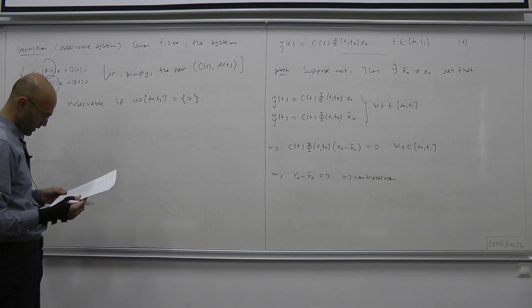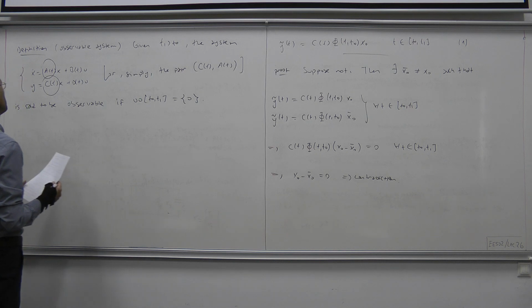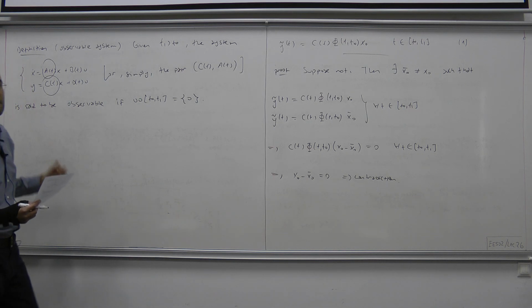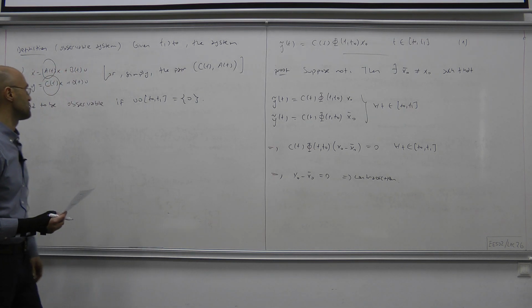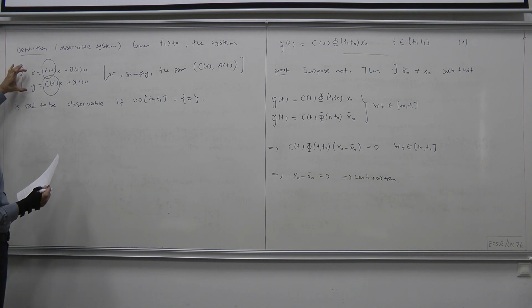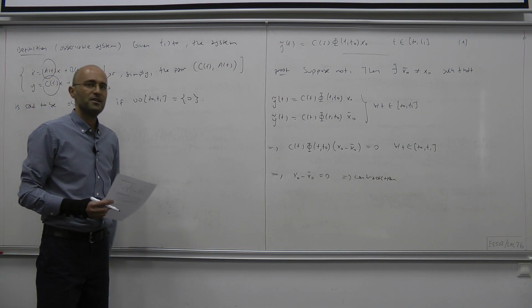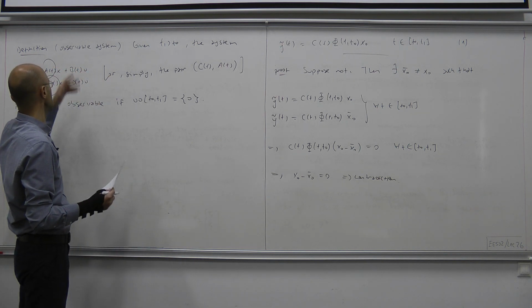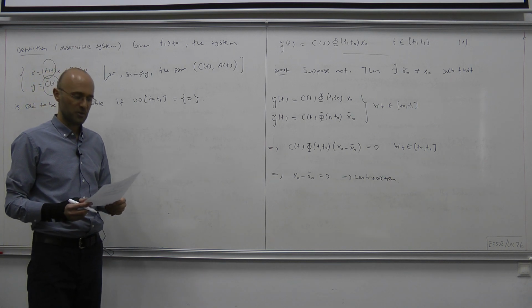So for simplicity, when we study observability of a system, we can just study x dot equals Ax and the output y equals C times x. We can ignore the matrices B and D when we study observability.